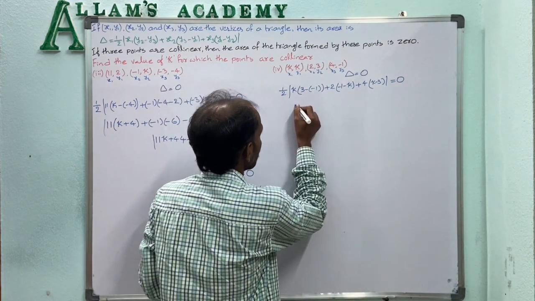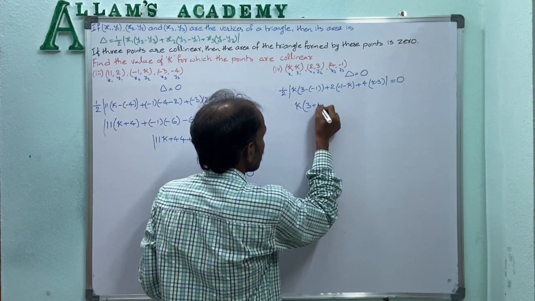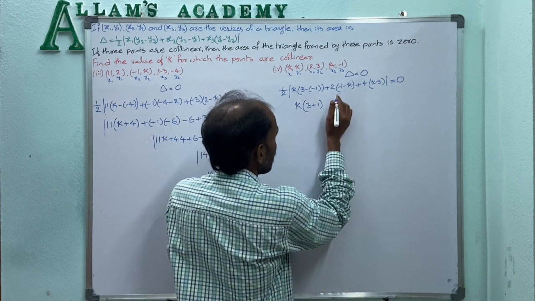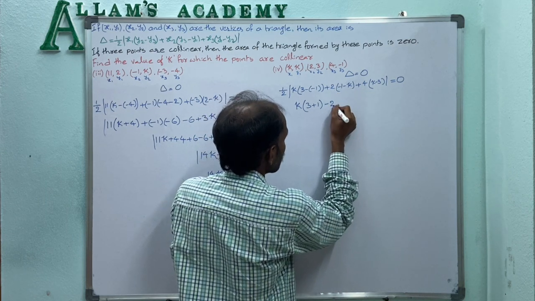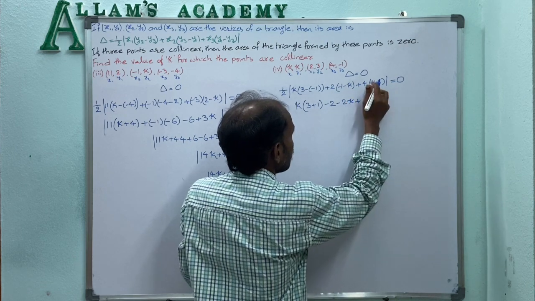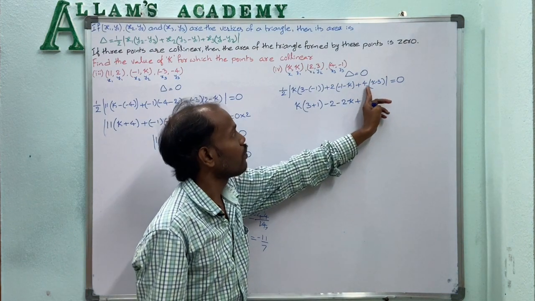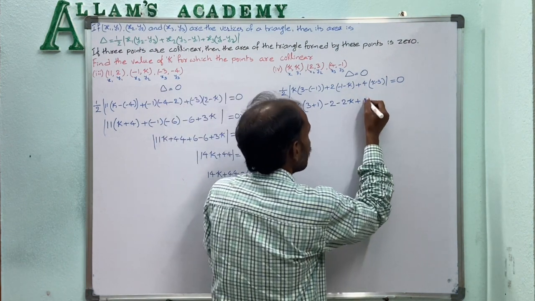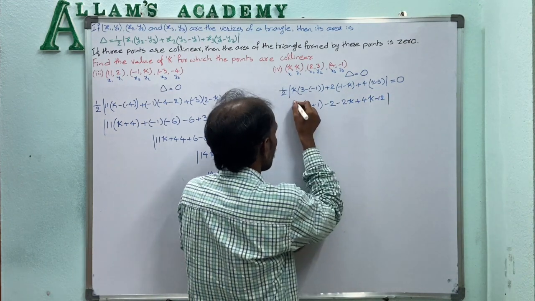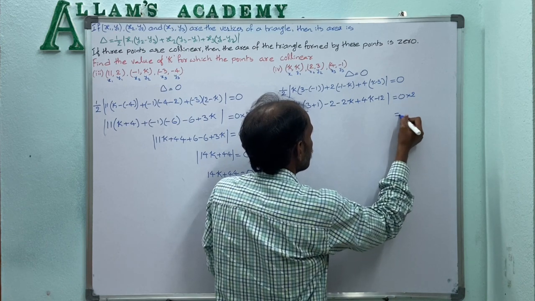So k into minus half minus 1, that is plus 1, k into 3 plus 1, plus 2 into minus 1 minus k, 2 into minus 1 is minus 2, minus 2 into k is minus 2k, plus 4 into k minus 3, 4 into k is 4k, 4 into minus 3 is minus 12. So 4k minus 12 is equal to 0 into 2, that equals 0.